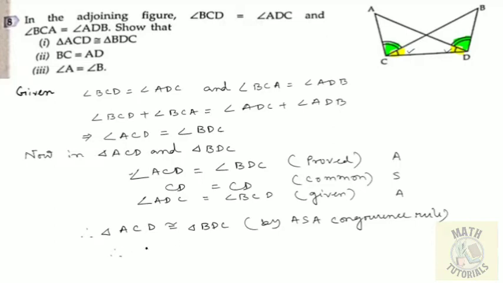So we write AD is equal to BC, this is number 2, by CPCT rule, and angle A is equal to angle B by CPCT rule. CPCT means corresponding parts of congruent triangles. So all these three are proved.